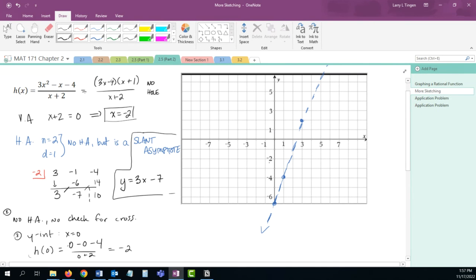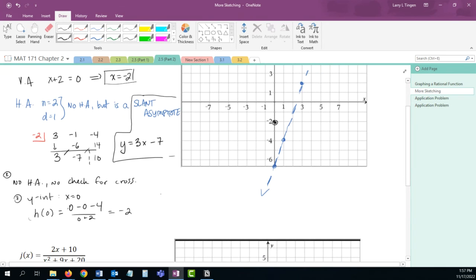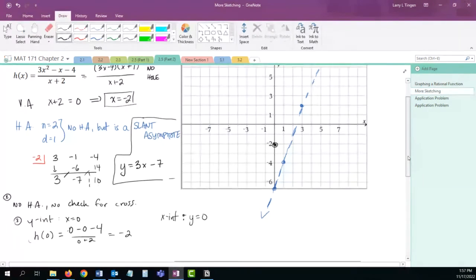So 0, -2 is my y-intercept. Okay, how about my x-intercept? Let y be 0 and find out. So that means I have 3x squared minus x minus 4, all divided by x plus 2 equals 0.